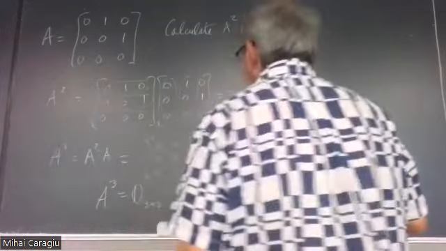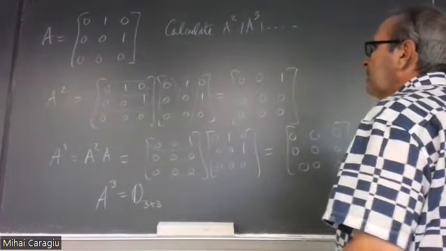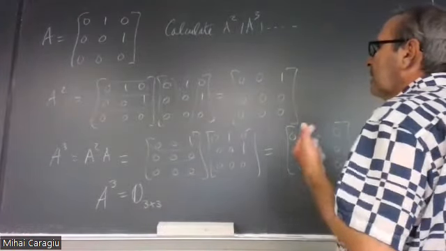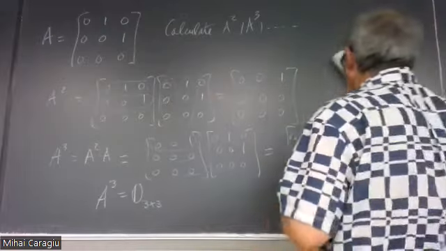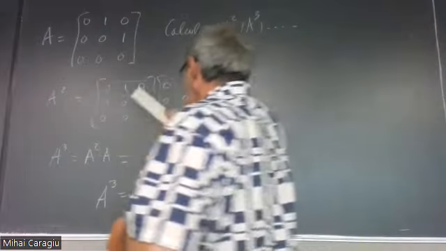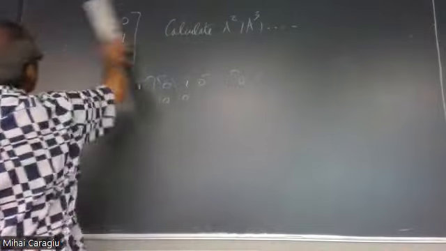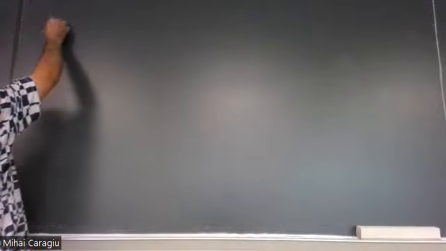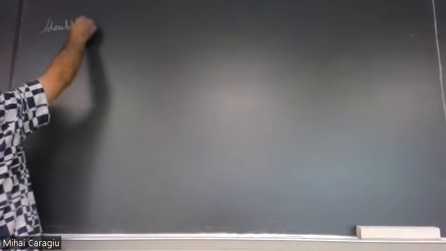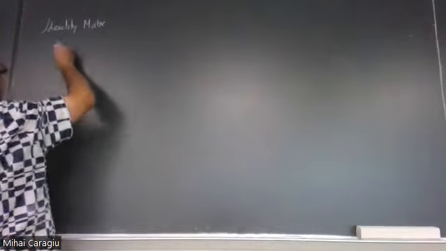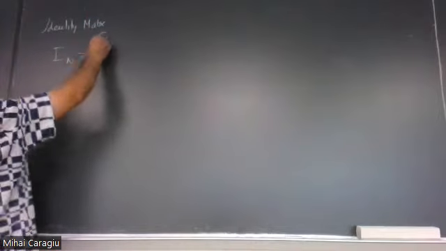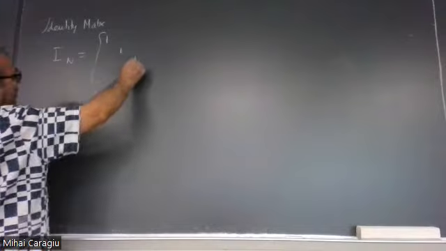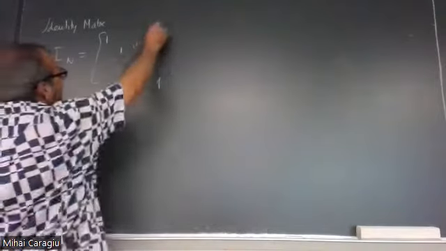Some important matrices: a very important n by n matrix is the identity matrix. What is it good for? The identity matrix, I sub n, is an n by n matrix which has ones all the way on the main diagonal, and otherwise zeros.